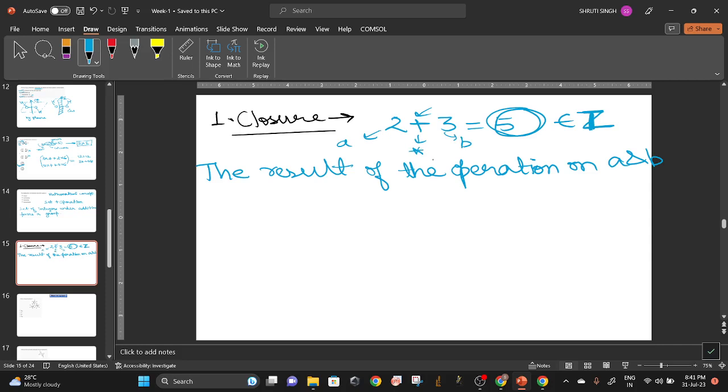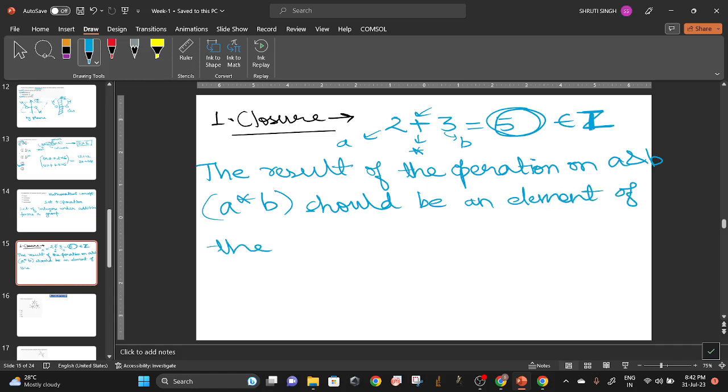Star can be any operation: addition, subtraction, multiplication, division. In our case, we are studying molecules, so star can be rotation, reflection, inversion. So the result of the operation on A and B, which is A star B, should be an element of the set itself. This is called closure.